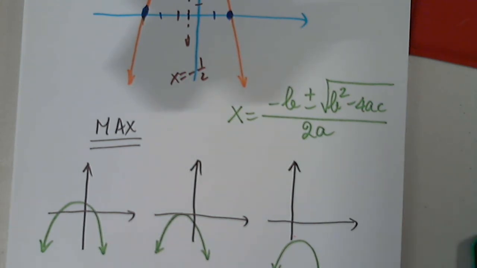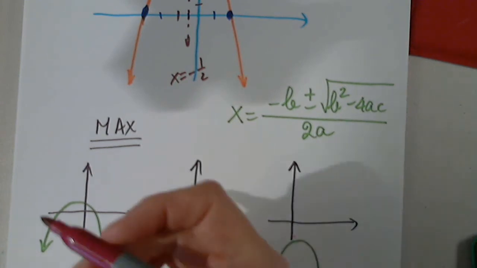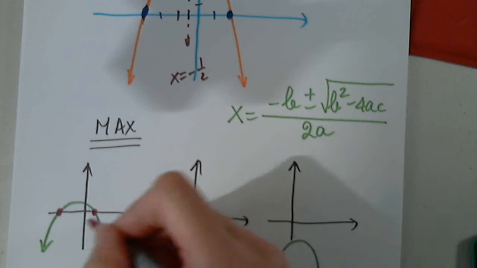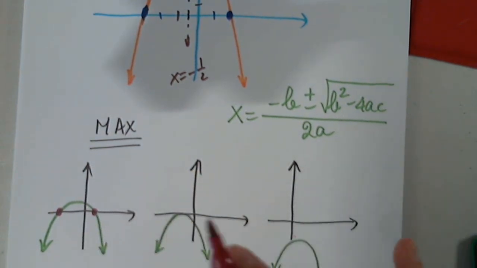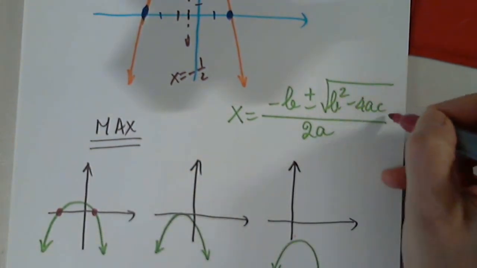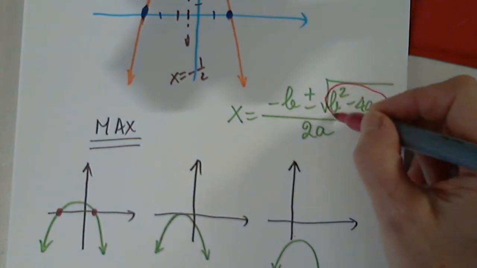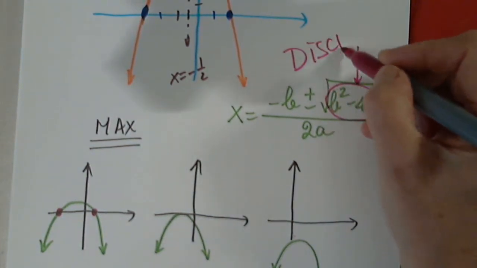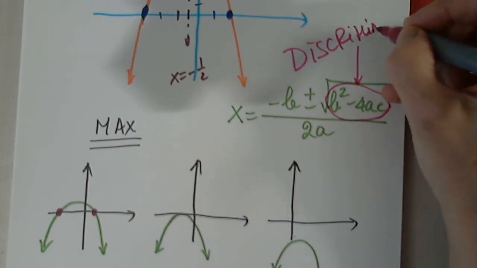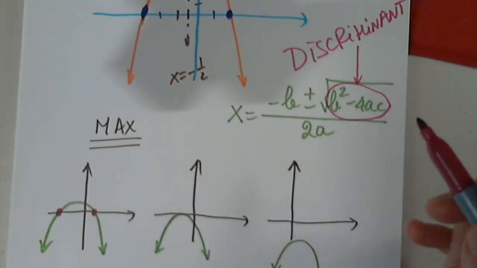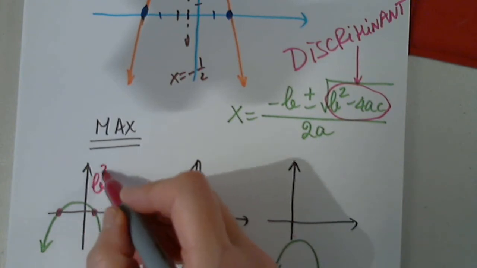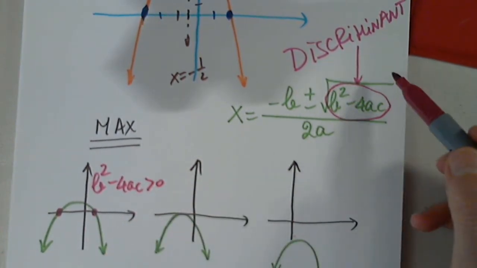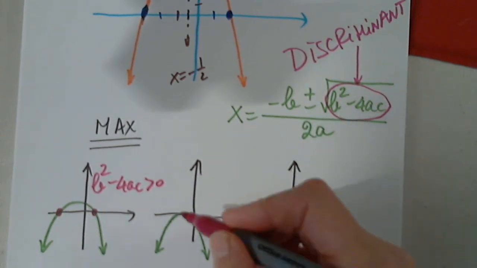Number one situation, as you see, it has two x-intercepts, distinct, not the same, which means that this quantity, which is called just this, not the square root, it's called discriminant. This quantity must be positive. So we take the square root and we get two options.